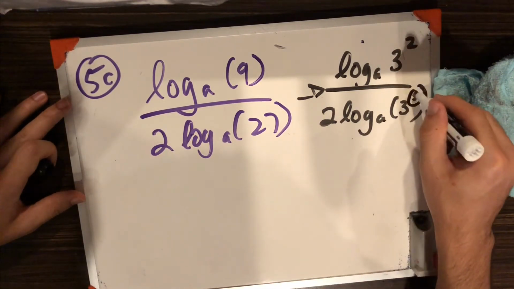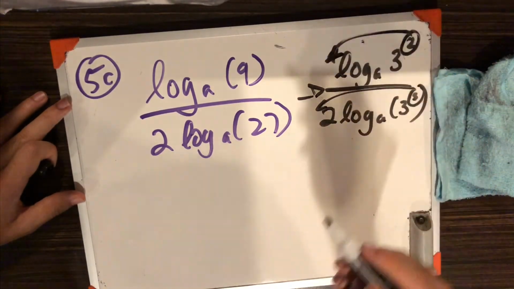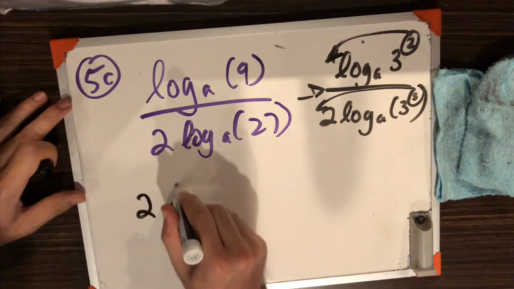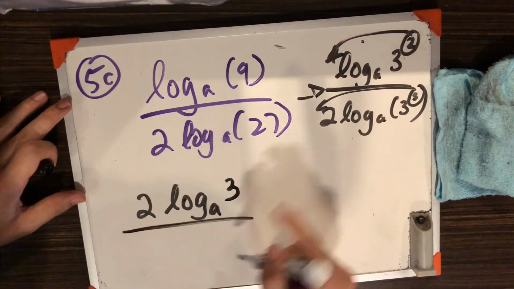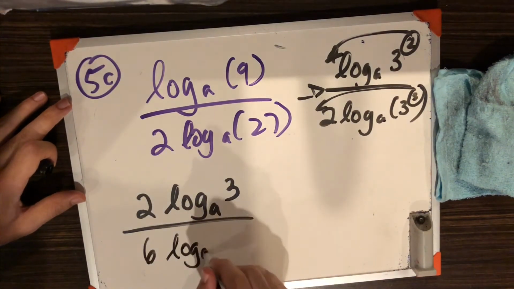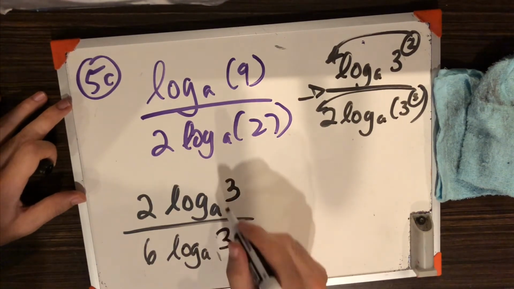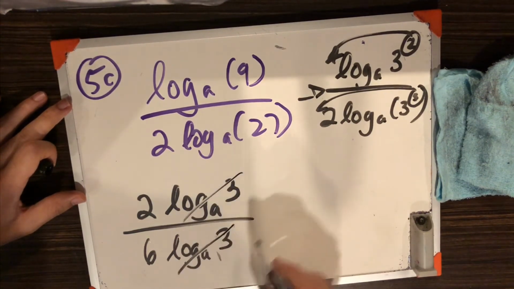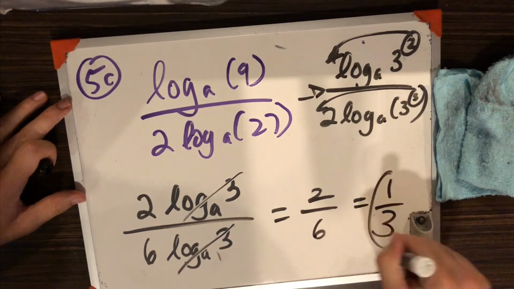We can use the power law and move those up front. So we have 2 times log base a of 3, and then 3 times 2 is 6 log base a of 3. Log base a of 3, log base a of 3, they cancel out. You end up having 2 over 6, and 2 over 6 is 1 over 3.